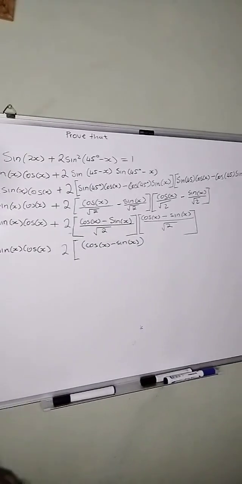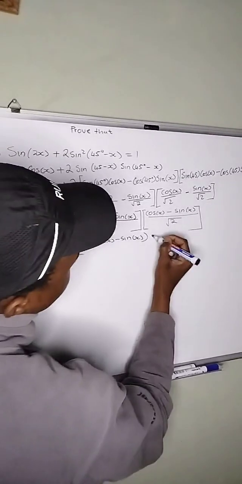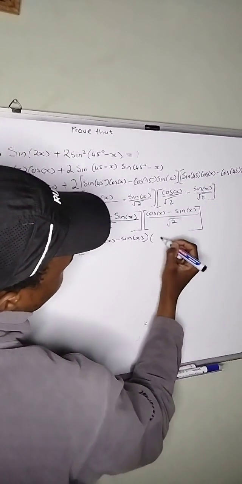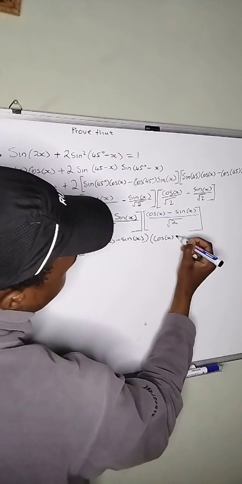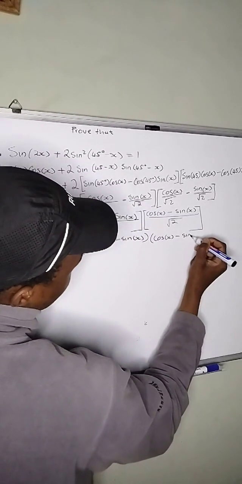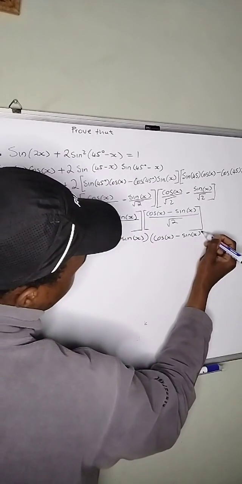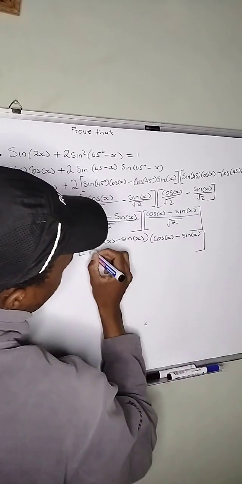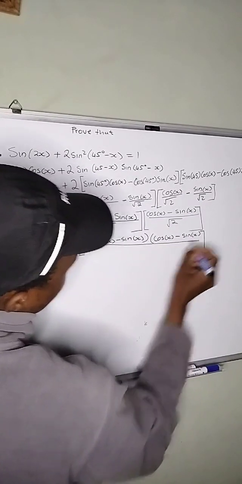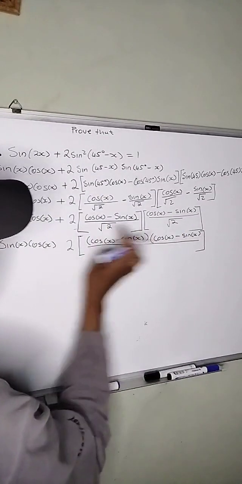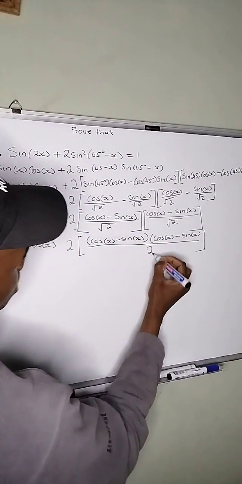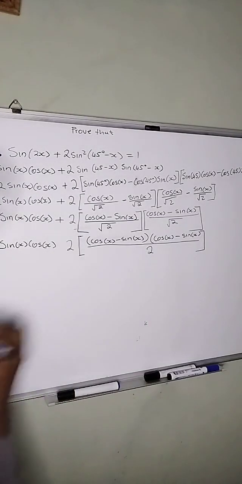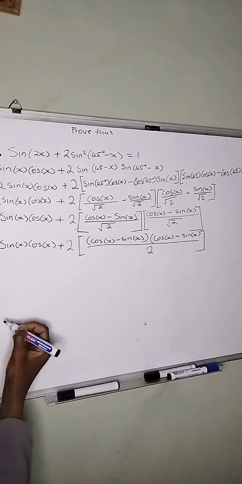And let me shift the camera. This is going to be multiplying the same thing, cos x minus sine x. And these two brackets multiply each other together. So my answer is going to be 2 here, and here I'm going to have my addition.